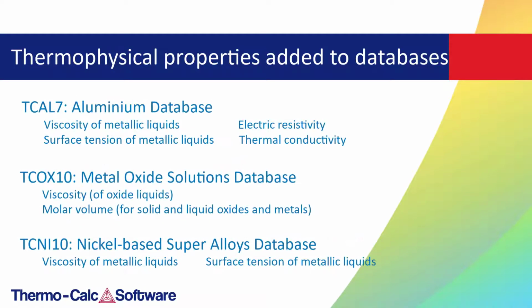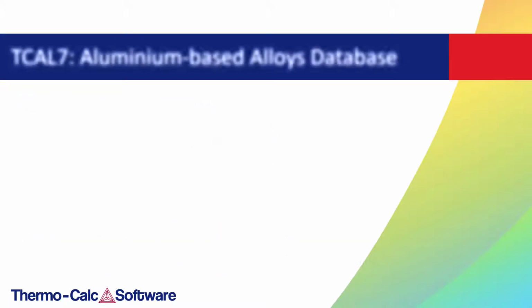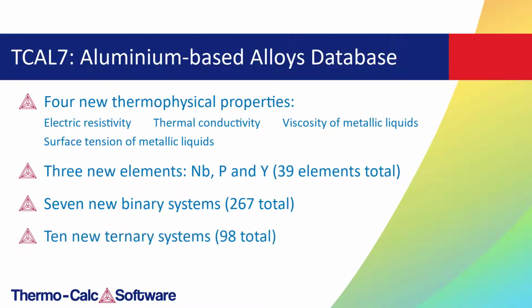In addition to the thermophysical properties, these 3 databases have other upgrades for the 2020b release. TCAL7, the Thermodynamic and Properties database for aluminum, adds 3 new elements, bringing it to a 39-element framework. The database also adds 7 new binary and 10 new ternary systems.